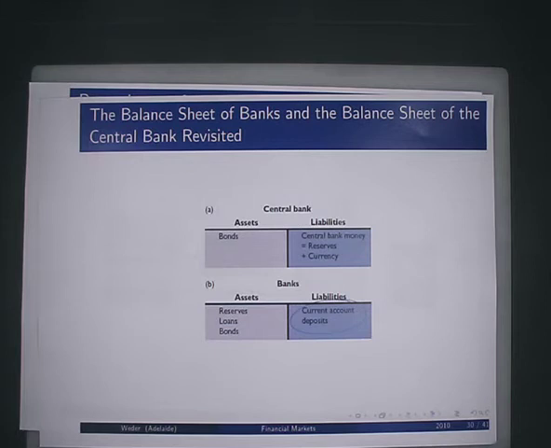And then the private bank can do three things. Well, they could buy bonds, keep some of this in the form of reserves, or give out loans to other customers. Okay? They could also buy houses and whatever, but that's not so important. Okay, so basically it can do three things with that.